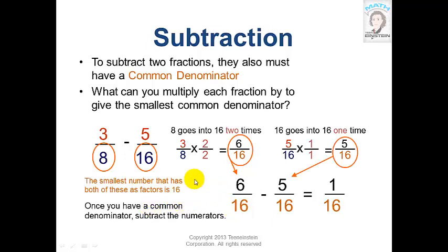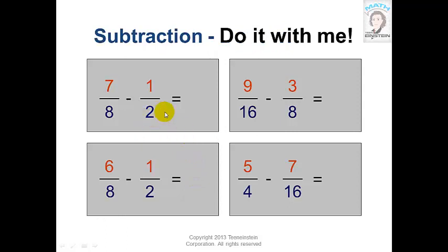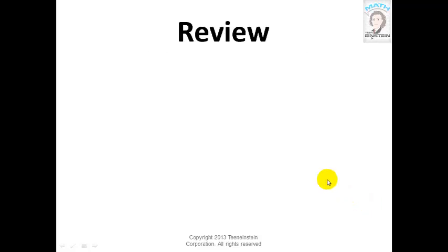Once you have common denominators, you can subtract. Here, change into 8, so 4, change into 16, it becomes 6. Here change into 8, so multiply by 4, you get 2 over 8, then reduce. Here 13 over 16. Okay.